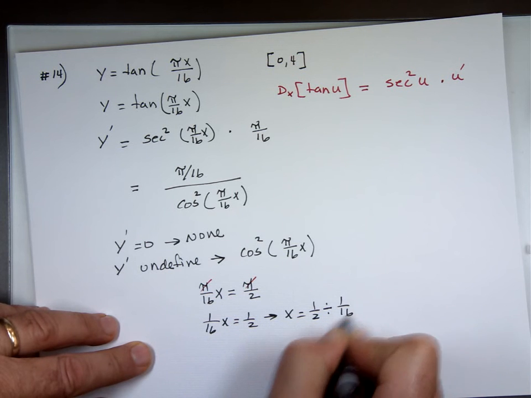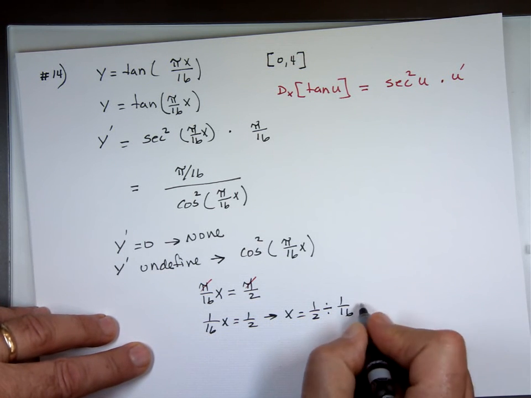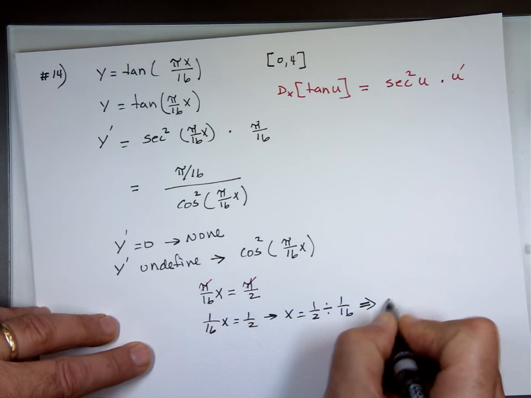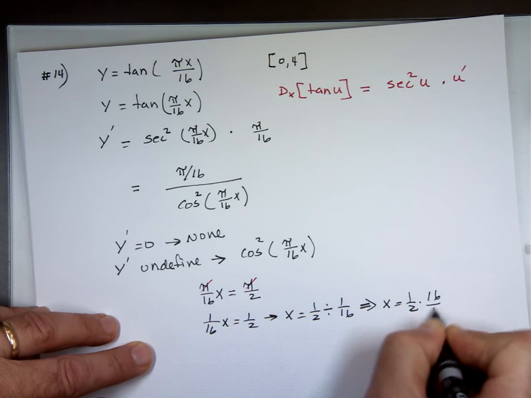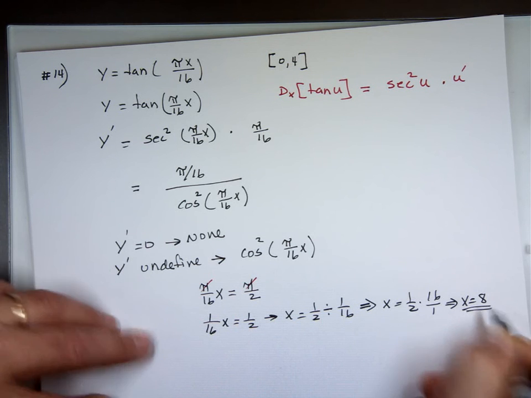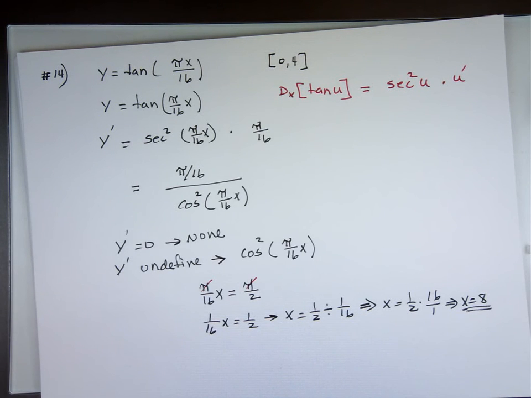You have to divide both sides by 1/16. When you divide by 1/16, that's what? x will have to be 1/2 times 16 over 1, which means x equals 8. Is 8 between 0 and 4? No. Can't use it. All this work for nothing. Can't use it.